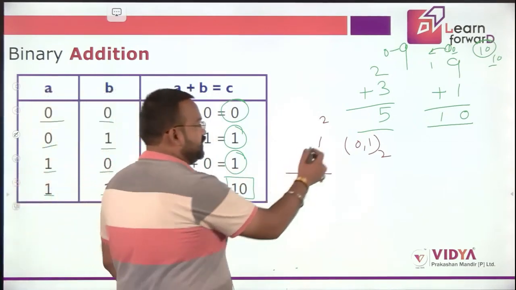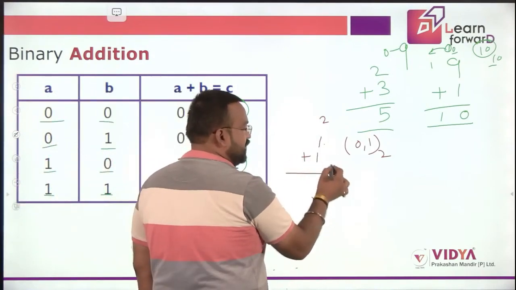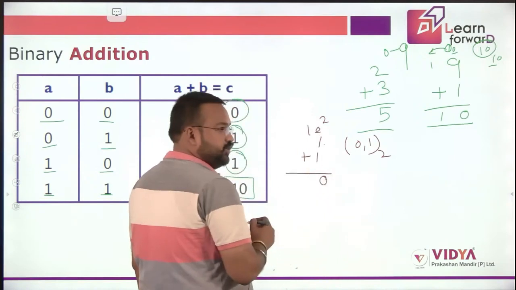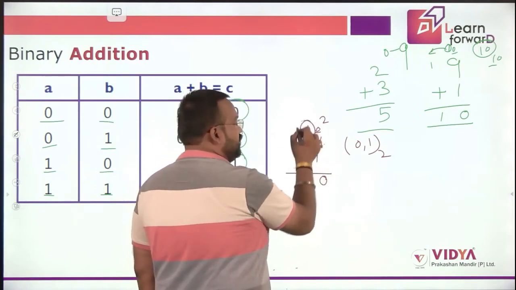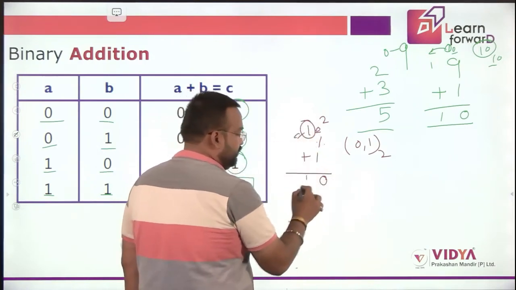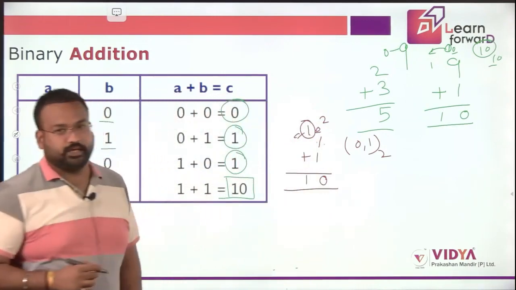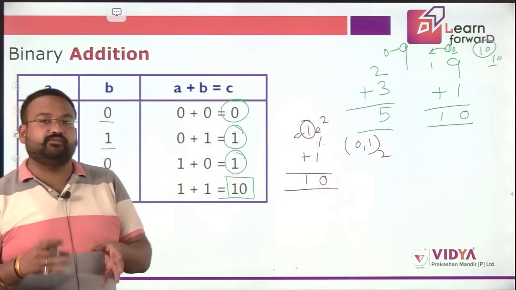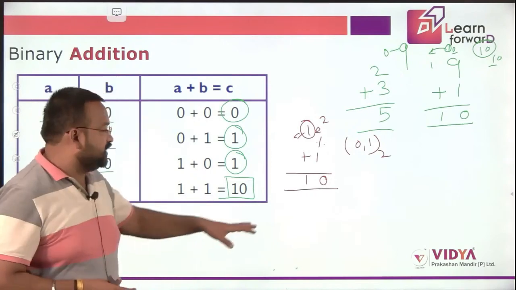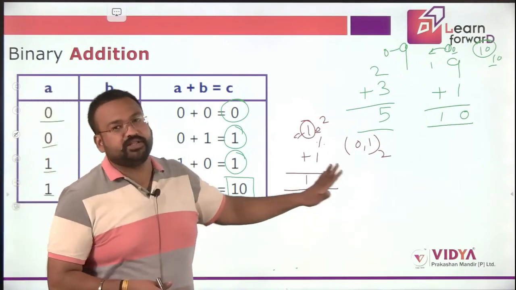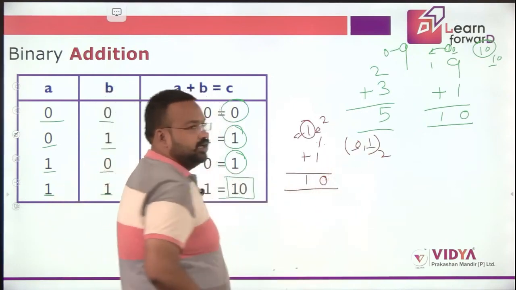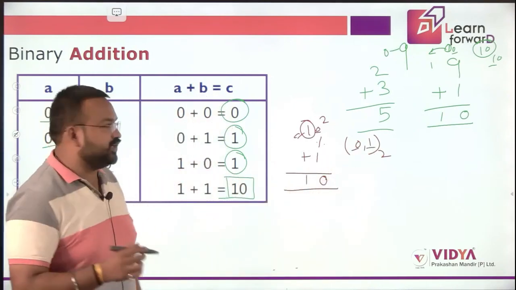So 1 plus 1 will become 1 0. That means it would be 0 over here and 1 would be a carry. So in binary arithmetic, when you add 1 with 1, it becomes 10, because only these two numbers are allowed. I hope it is clear to you.